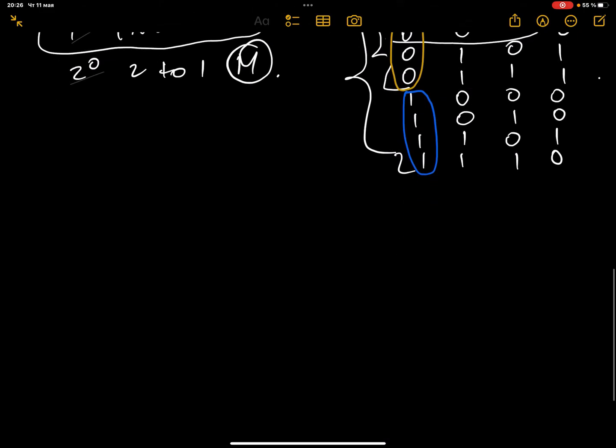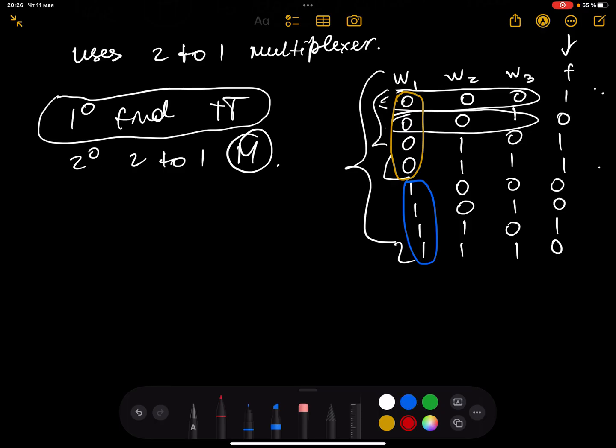So let me write it here. Firstly, build the truth table. Then analyze, and then identify the selector.